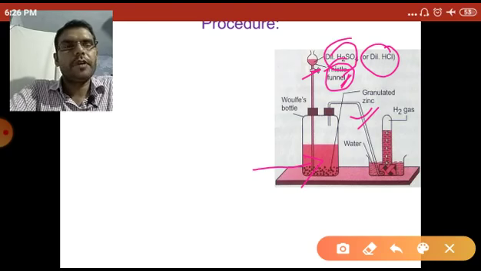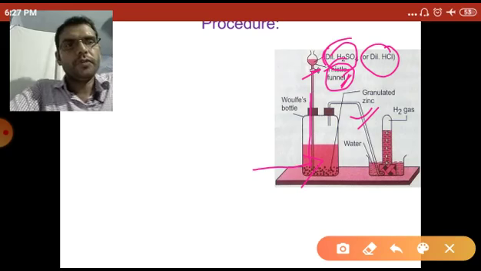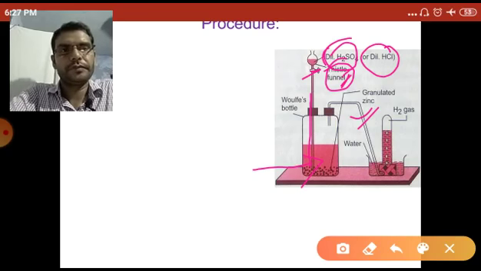Now, the tap of the thistle funnel is opened, and dilute hydrochloric acid or dilute sulfuric acid, any one, enters into the Wolfe bottle through the thistle funnel, and the acid combined with zinc granules produces hydrogen gas.